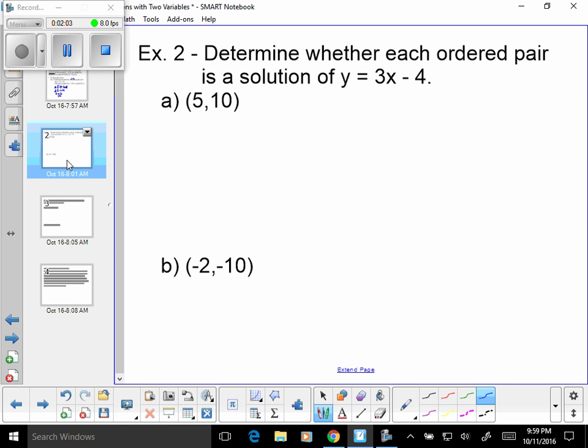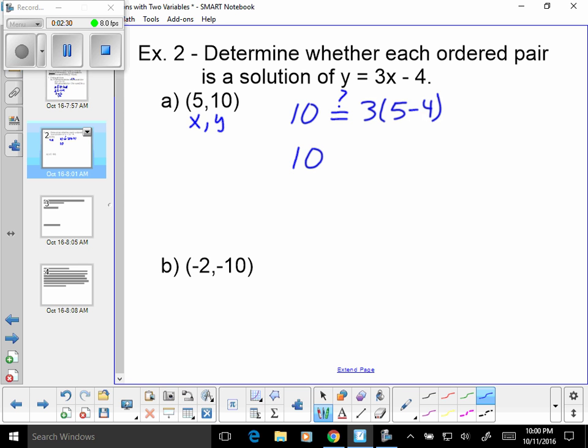Determine whether each ordered pair is a solution of y equals 3x minus 4. Now remember, the 5 is the x, the 10 is the y. We substitute for y, with a question mark above an equal sign. It really says, is 10 equal to 3 times 5 minus 4?